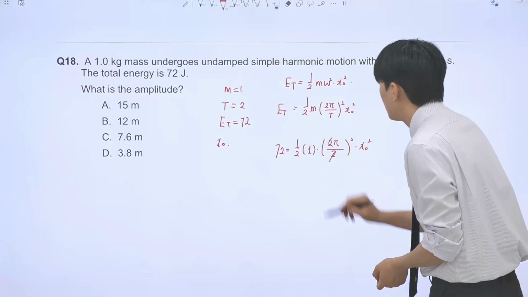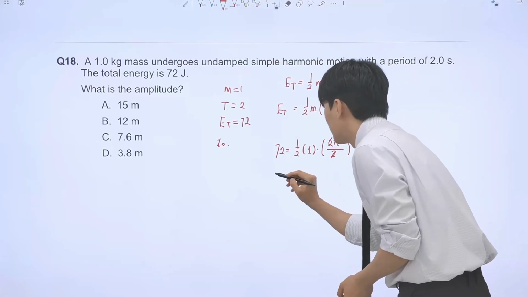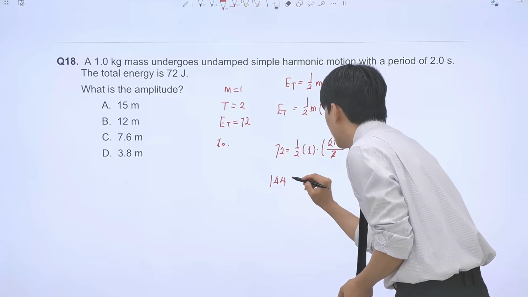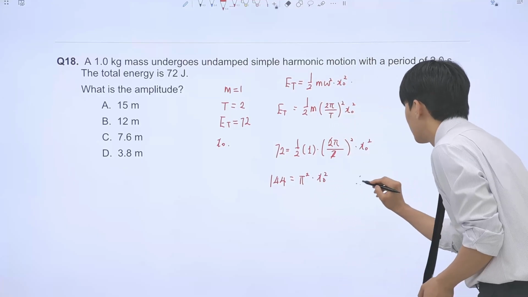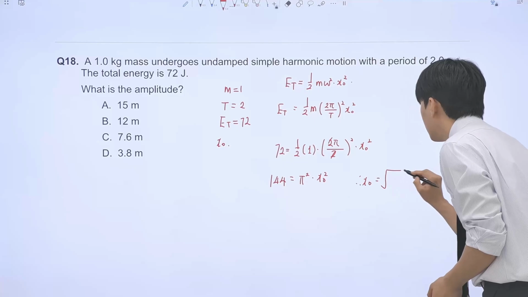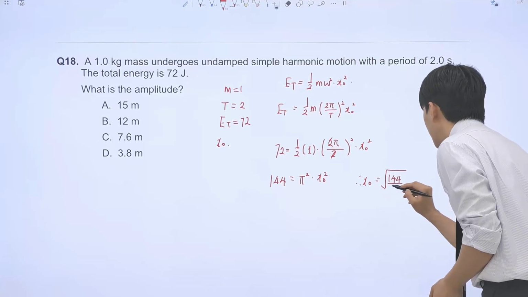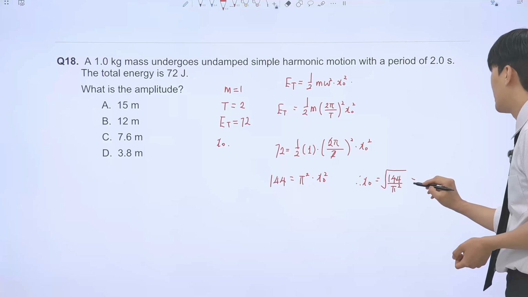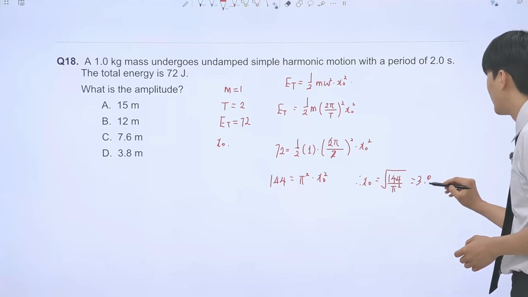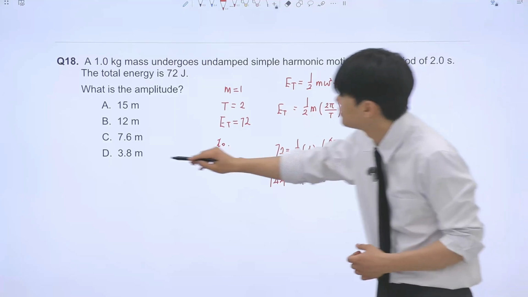So that cancels out, and we get 144 equals pi squared times x0 squared. Therefore x0 equals the root of 144 over pi squared, right? If you calculate that, you'll have about 3.8, which is D.